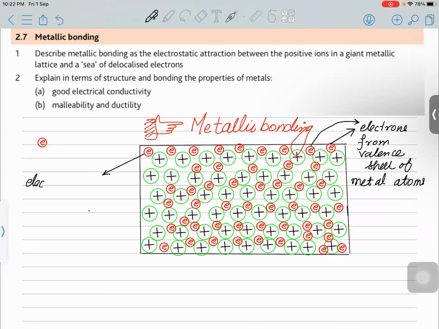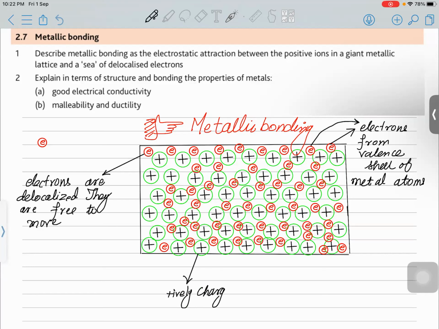So electrons are delocalized. They are free to move. Now these are positively charged metal ions.